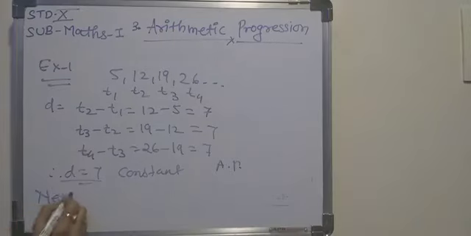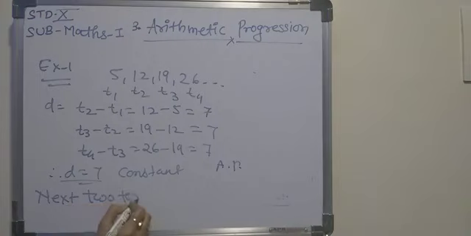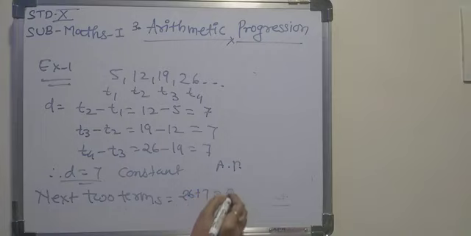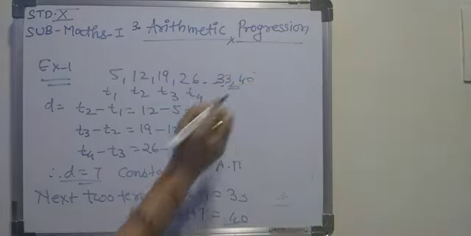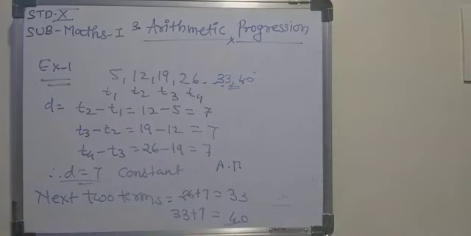So 26 plus 7 is 33, and 33 plus 7 is 40. So the next two terms are 33 and 40. Clear? So this is how you prove whether the given sequence is in AP or not, and this is how you find the next terms of the sequence. I hope you all understood.